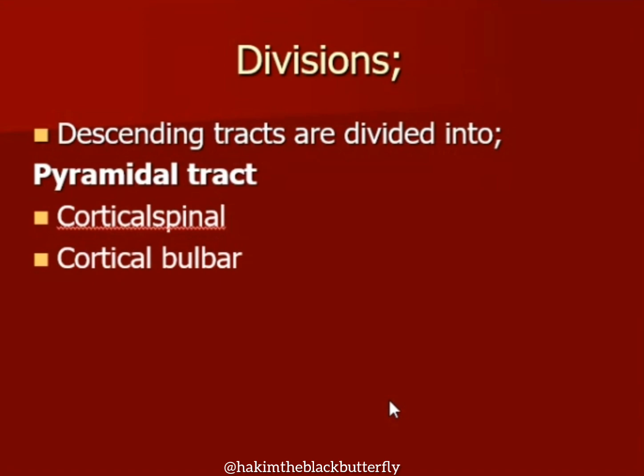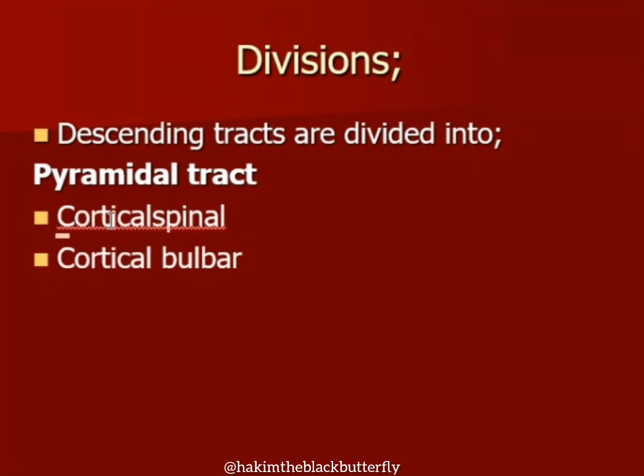Under the pyramidal tract, we have what we call the corticospinal tracts and the corticobulbar tracts. So this subdivision of the descending tract known as the pyramidal tract is made up of two components, the corticospinal tract and the corticobulbar tract.